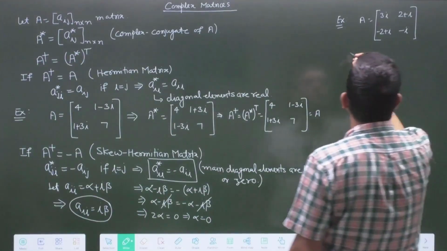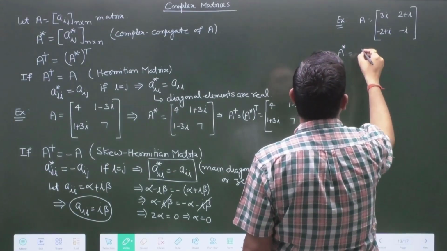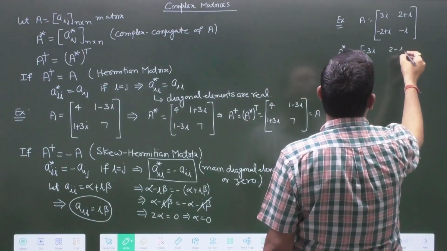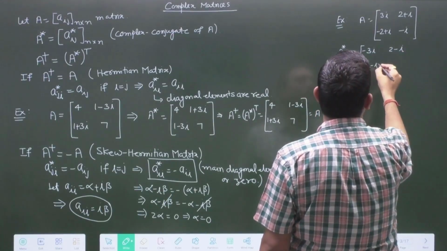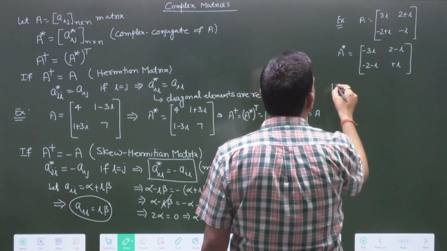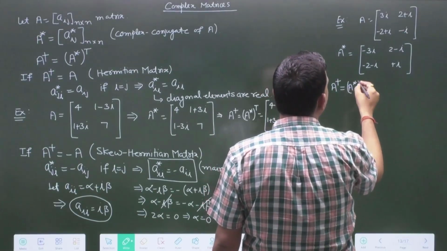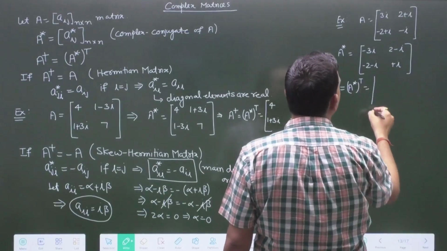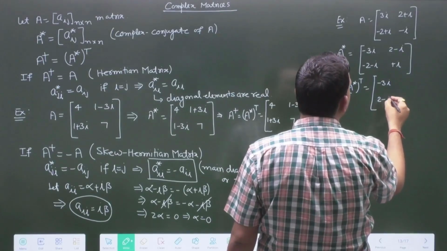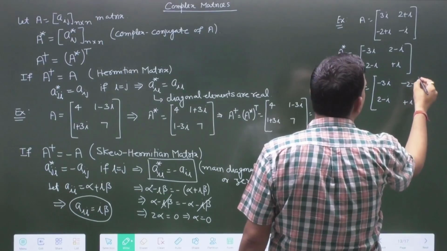In this case, what will be A dagger? The complex conjugate is minus 3 iota, 2 minus iota, minus 2 minus iota, plus iota.